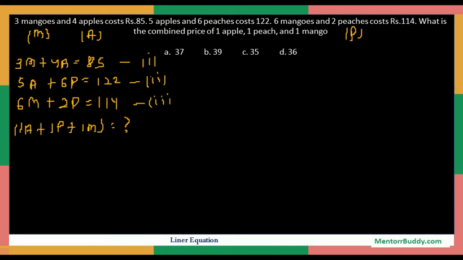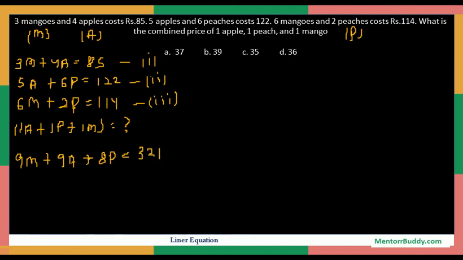In the very first step, we are going to add all 3 equations. Adding all 3 equations will give me 9 mangoes plus 9 apples plus 8 peaches is equal to the summation of 114, 122 and 85, that will be equal to 321.